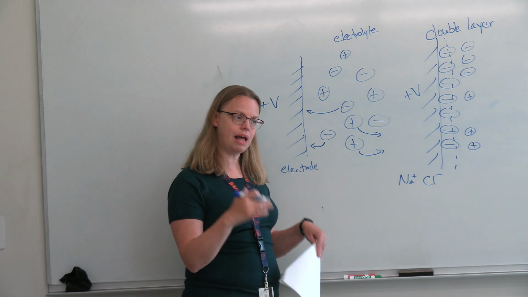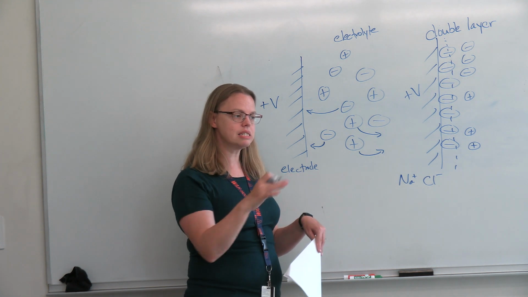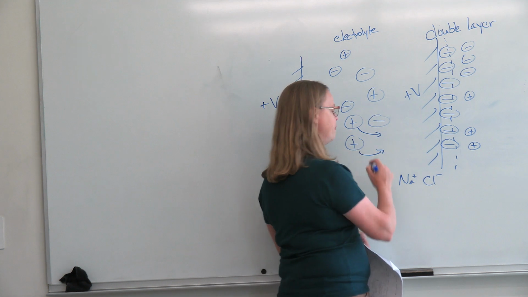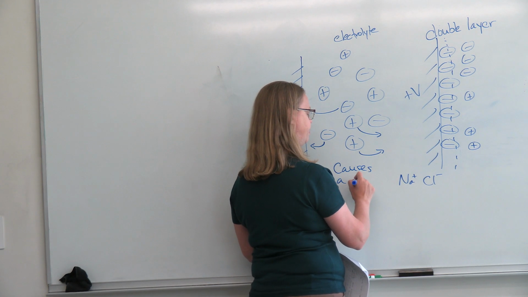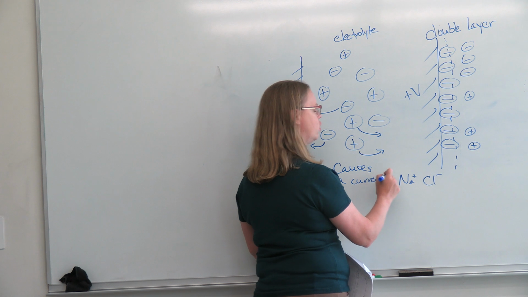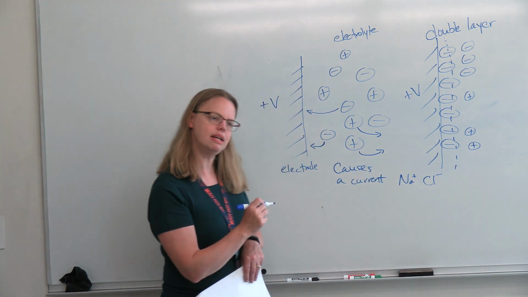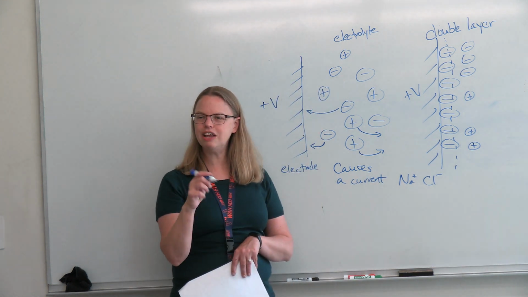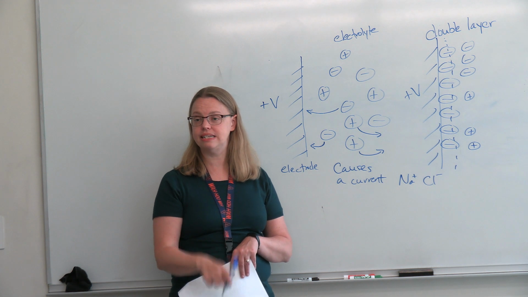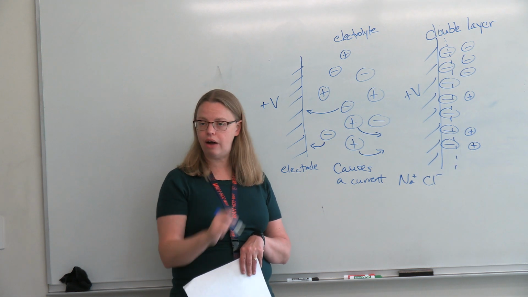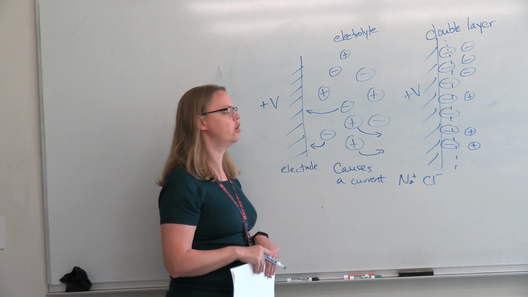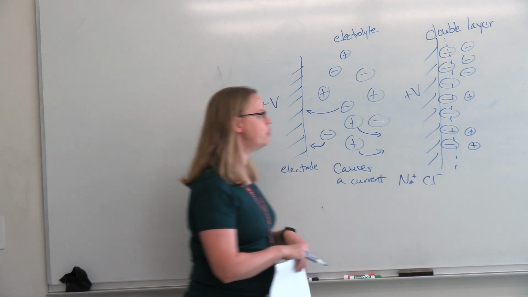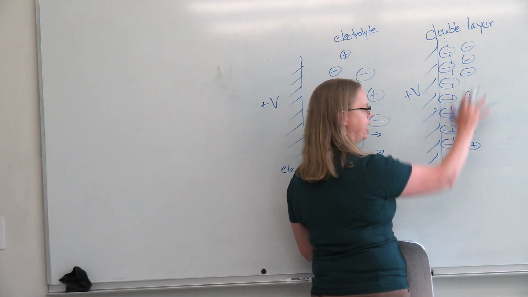The second I apply a voltage, those ions move around, and the ion movement causes a current. A lot of times we think of current as being flow of electrons. That's not incorrect, but it's really flow of any charged species. So chloride moving around causes current. Sodium moving around can cause a current. And it takes a little while for the ions to rearrange.